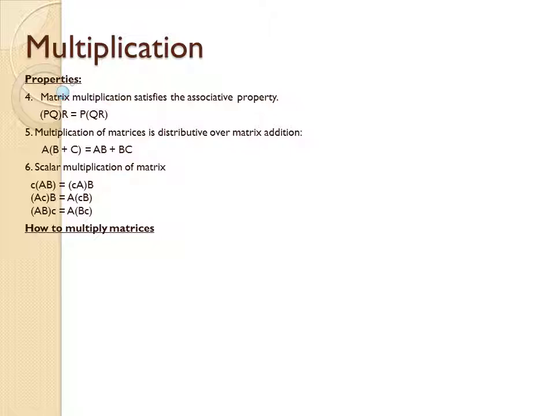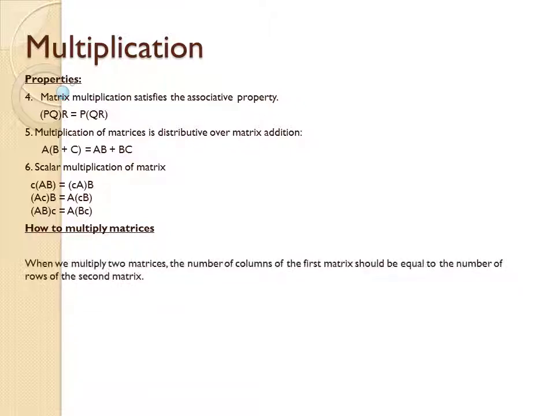Now the major thing is how to multiply matrices. So we will see how we do these things in a real time example. When we multiply two matrices, the number of columns of the first matrix should be equal to the number of rows of the second matrix. This is a common rule that we have discussed already. So let A be a matrix of order m cross n, and B be a matrix of order n cross p.